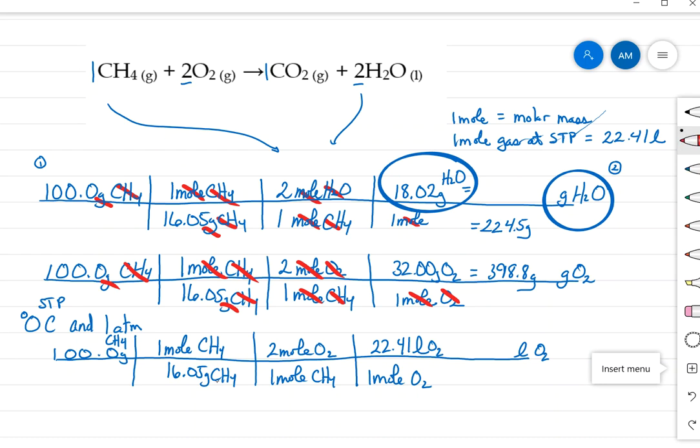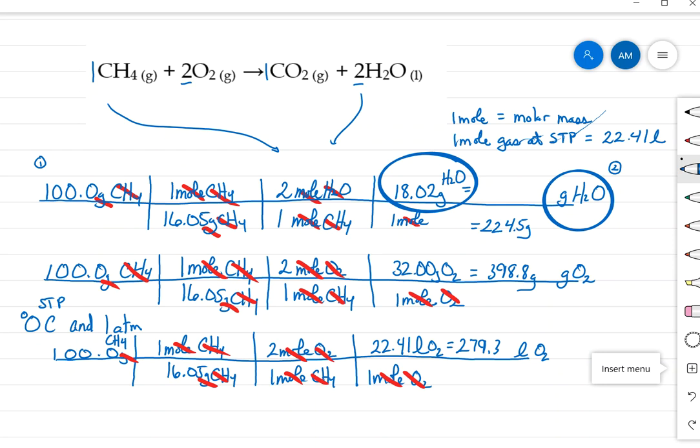So everything should cancel out because it's the same thing as above, and we're left with liters of O2. Just so happens that our liters of O2 are 279.3 liters.